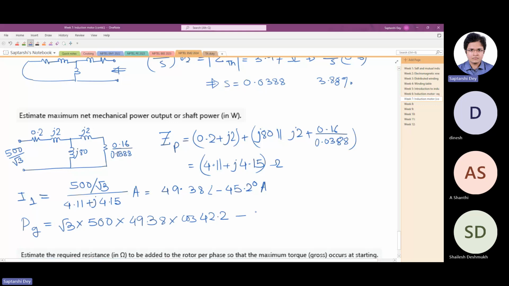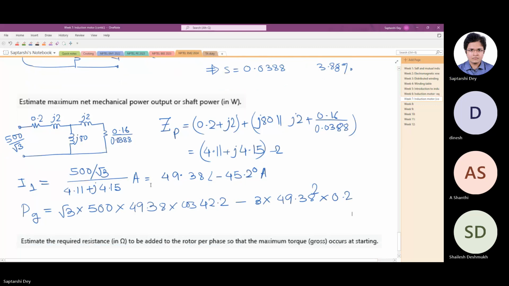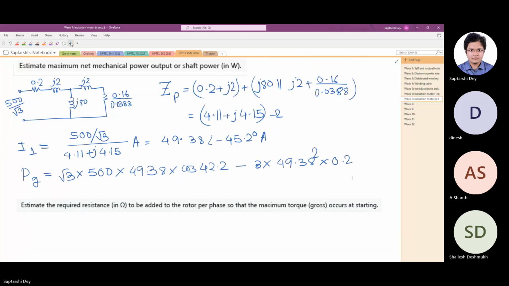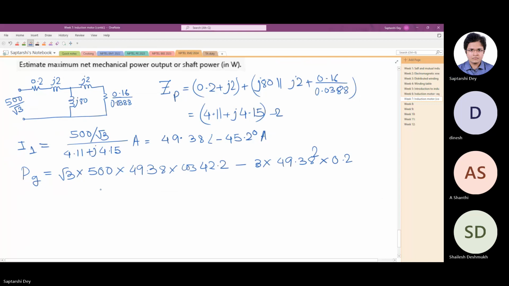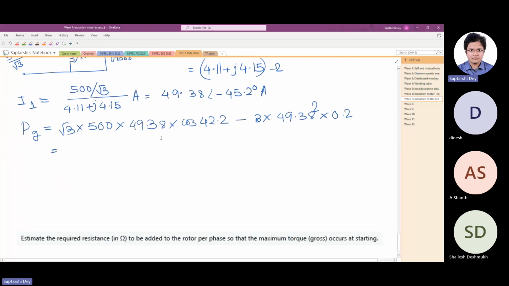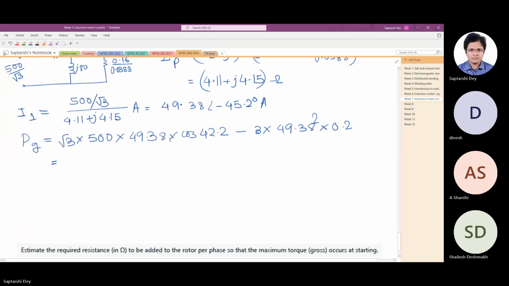This minus the stator copper loss, 3 times I squared times R. So the gap power that we are getting is, how much did I get? 28667.